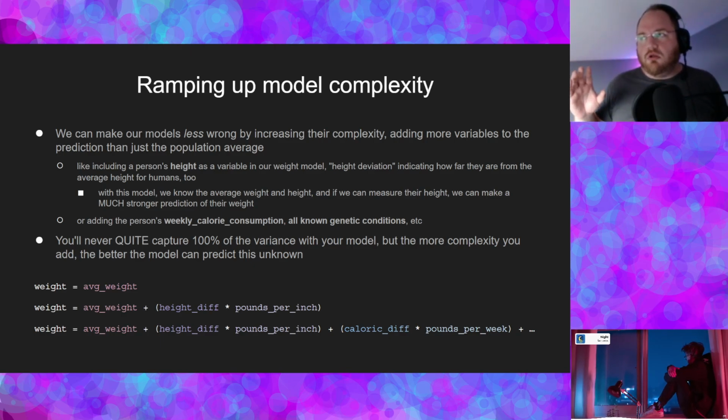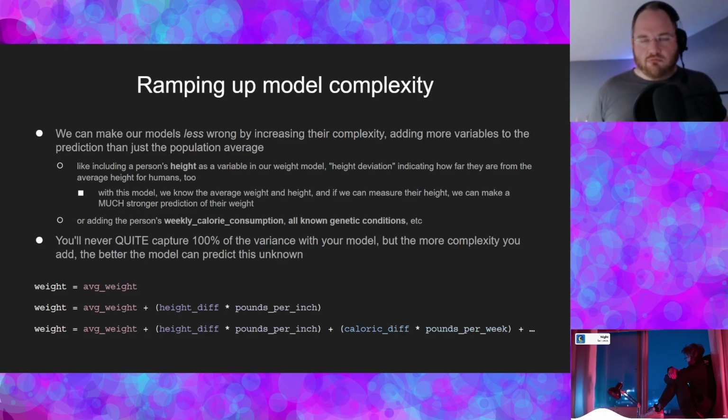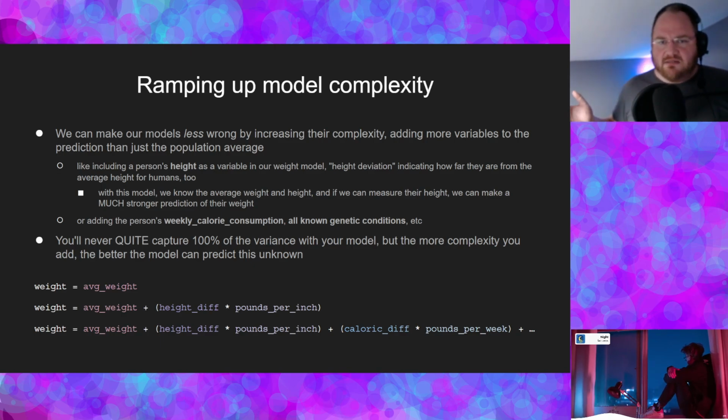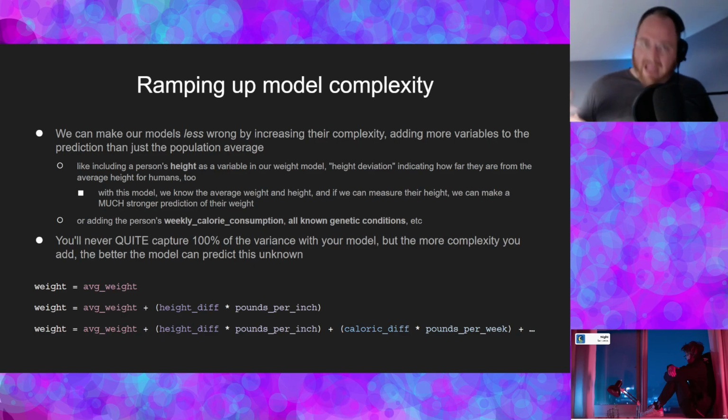We talked about the simplest statistical model being the average. You can also ramp up the complexity. So you can make your model less wrong by increasing the complexity and adding more variables than just your average that represents the whole population.